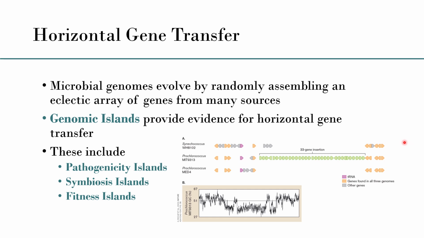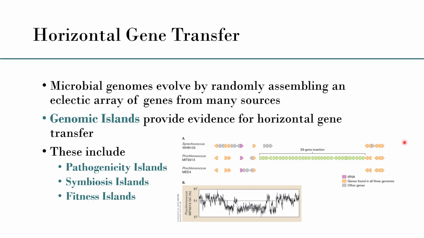We can kind of track what species is what based on its CG content in its DNA, how many C's and G's it has, because those, remember, form 3 hydrogen bonds instead of 2, so they're a bit more stable and can survive in extreme environments a bit better. So we see a lot of extremophiles with very high CG content in their DNA. Prokaryotes in general have higher CG content than eukaryotes do.